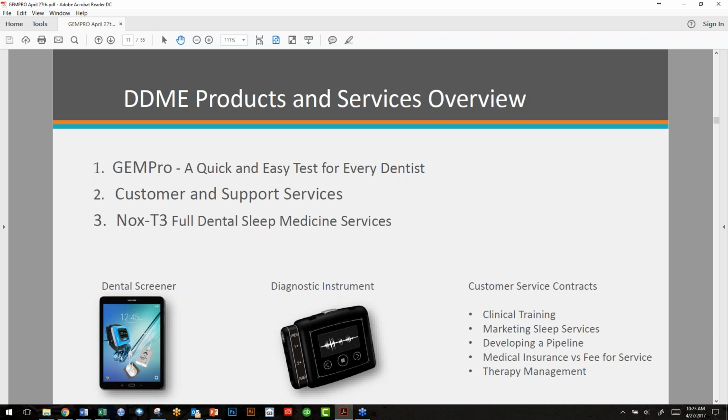One of the nice benefits about the dental screener agreement is that if you do want to diagnose a patient, maybe you want to start dabbling in treating patients that have been diagnosed with sleep apnea using an appliance, give us a call and we'll send out one of our diagnostic instruments to your patient, and then we'll give that data that you've ordered to our group of physicians, and then they'll look at the data, diagnose your patient, and then make some treatment recommendations.